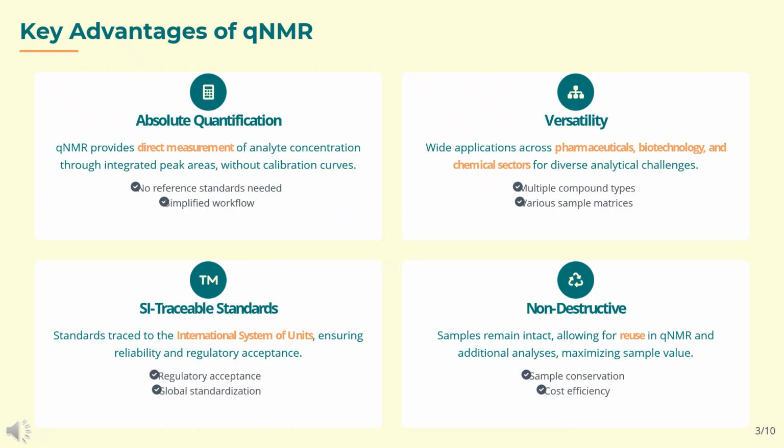SI traceable standards ensures reliability, global standardization, and regulatory acceptance. Non-destructive. Samples remain intact and can be reused, saving cost and resources. Essentially, qNMR combines accuracy, flexibility, and efficiency in one analytical technique.